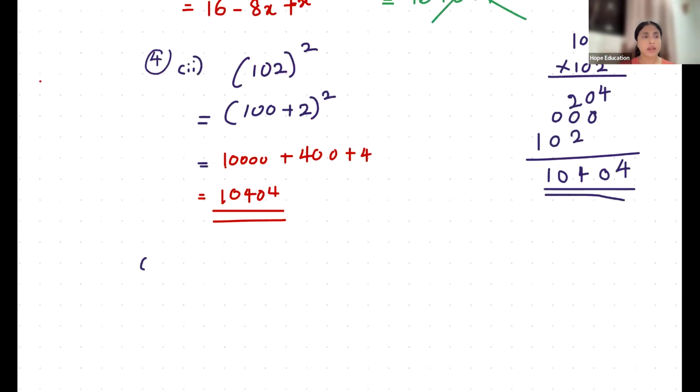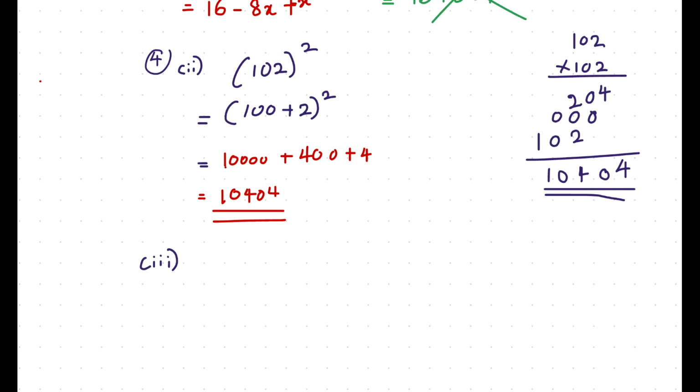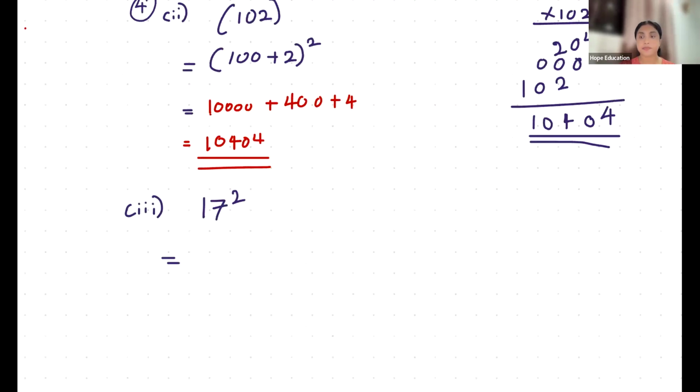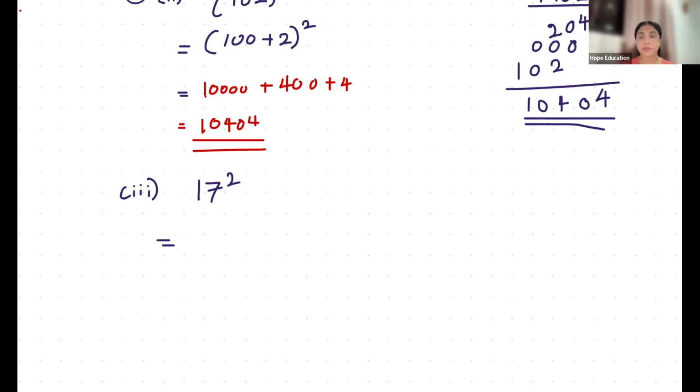Then Roman number 3, you said, no? Yes. Roman number 3 is 17 squared. How would you write 17 squared? 4 plus 1?